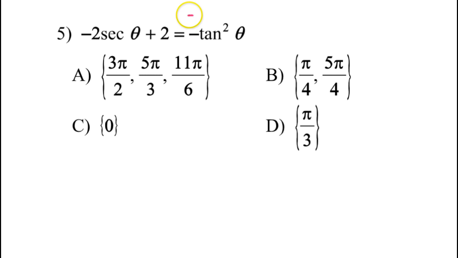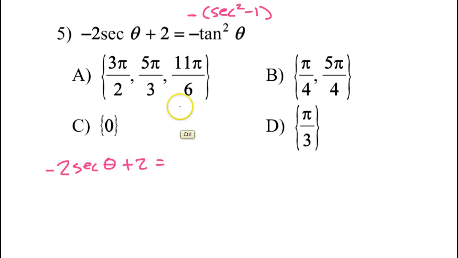Be careful of the minus sign here when you do this. So I'm going to have secant squared minus 1, but I'm going to put it in parentheses to remind me to distribute that negative sign. So what I will have then is negative 2 secant theta plus 2. I just brought all of that down.